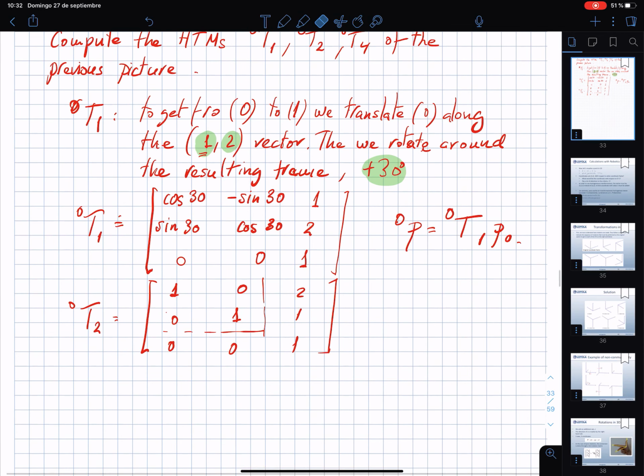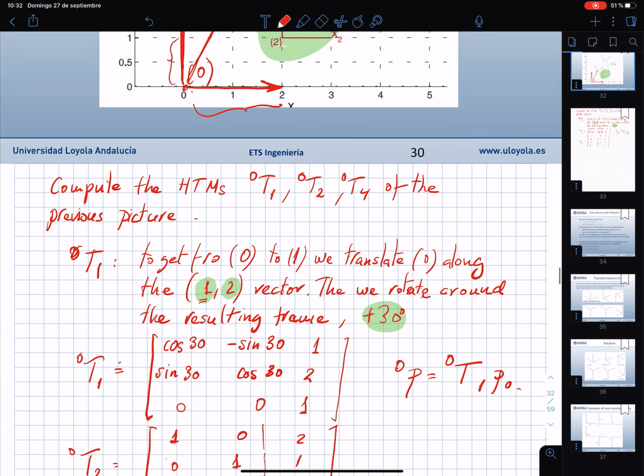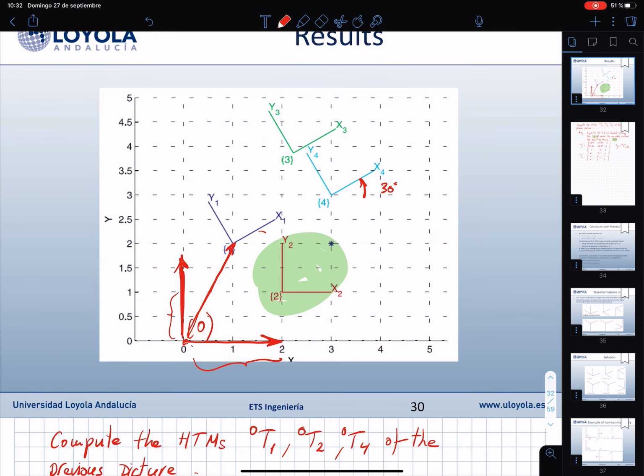Okay. So the final result, or the final question, is: compute the homogeneous transform matrix of 4.